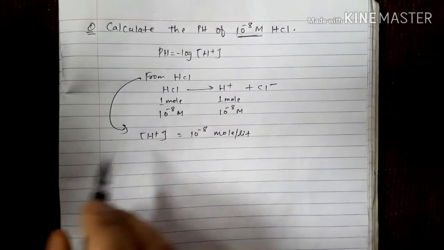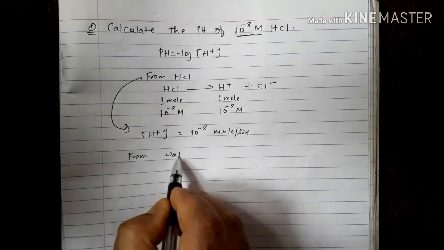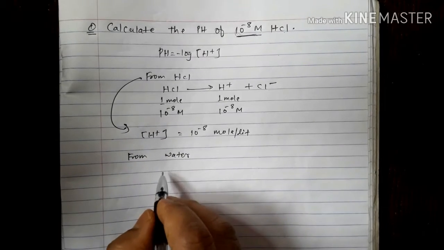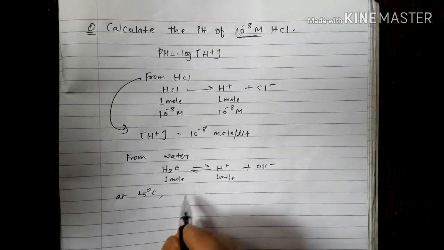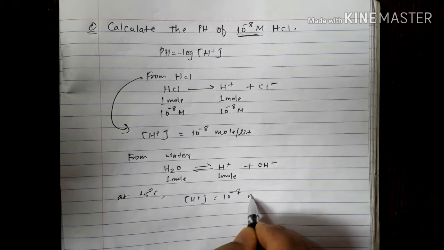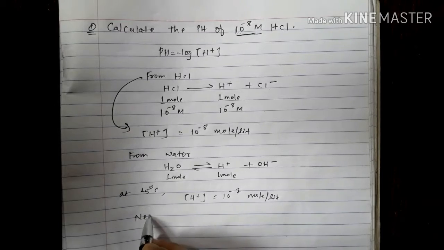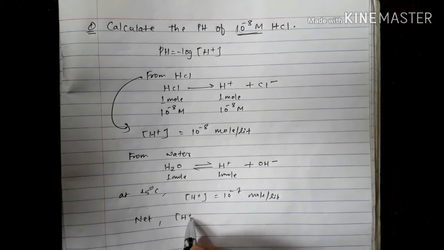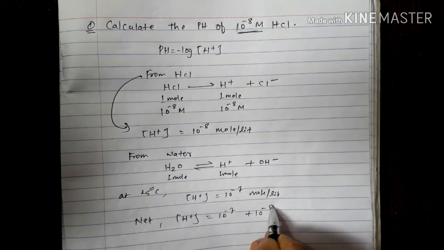The HCl solution is prepared in water. Therefore, from water it also gives H plus ion. At 25 degrees centigrade, the experimentally found concentration of H plus ion is 10 to minus 7 moles per liter. Now, in the solution, the net concentration of H plus becomes 10 to minus 7 plus 10 to minus 8.